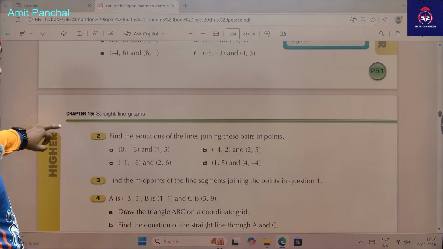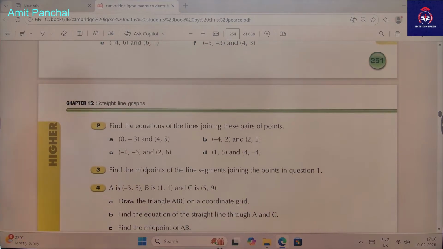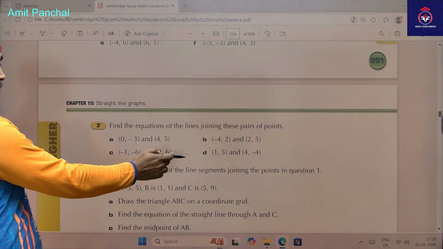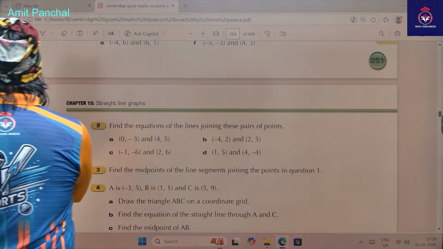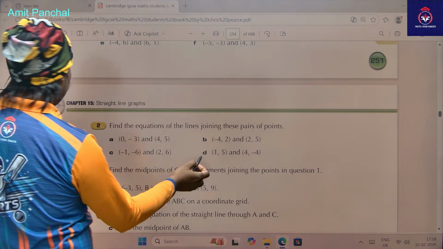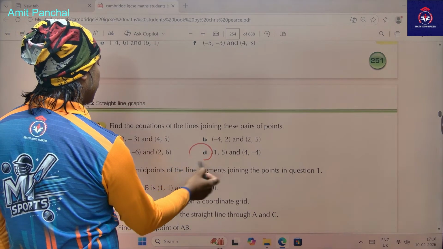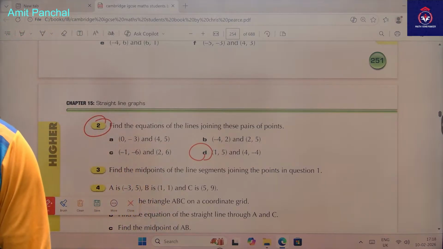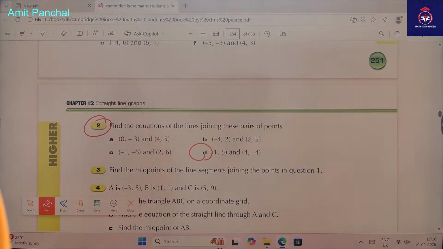Okay, now we'll try some questions. Just do exercise 2D. Just do this one.